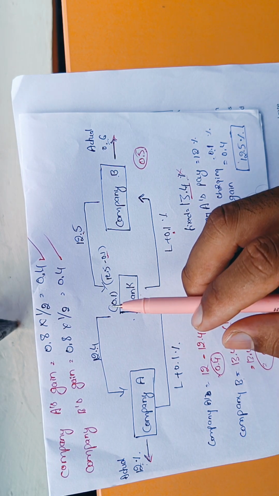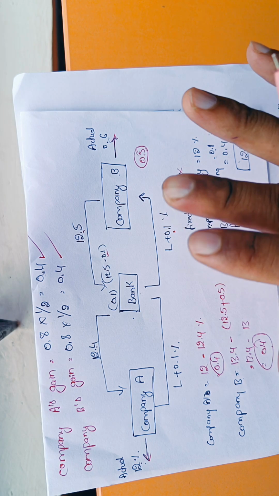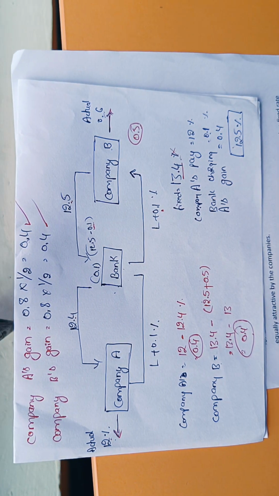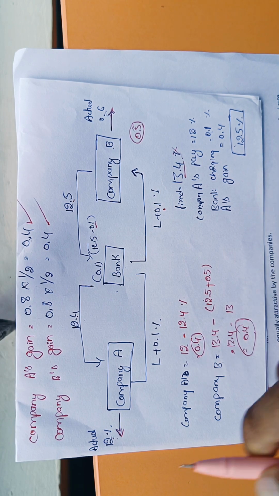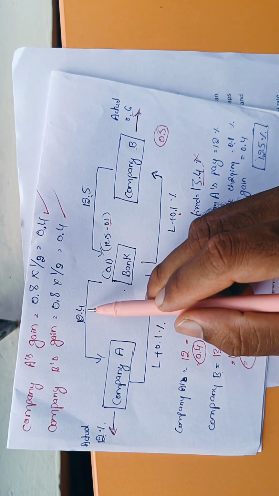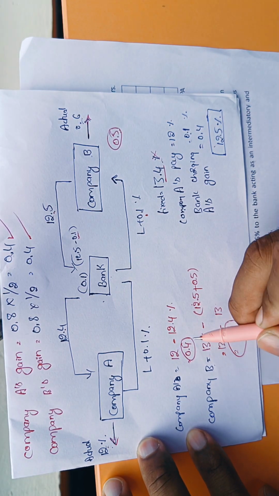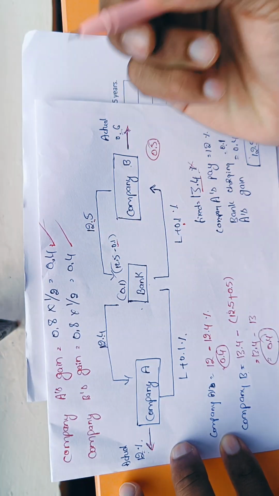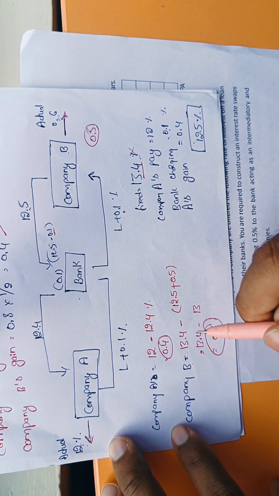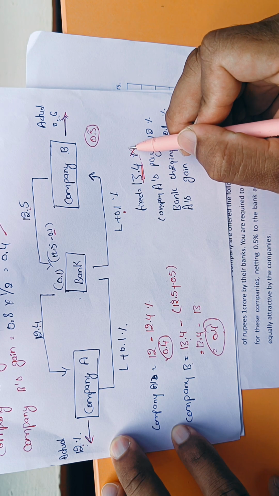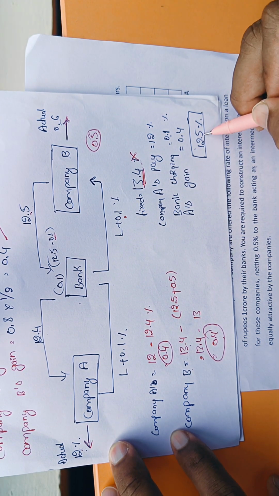Now to cross verify whether whatever diagram you drew here is true or not, go to company A. Company outflow is 12%, this is company outflow, this is company inflow. If you deduct 0.4%, it is going to tally. Coming to company B, that is 13.4% it wanted to pay, but it's not paying 13.4%. Instead, it's paying 12.5.